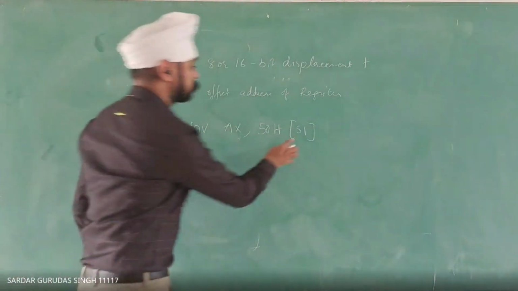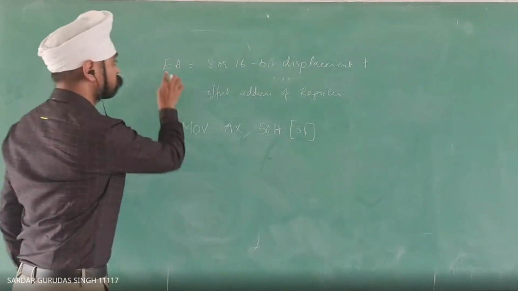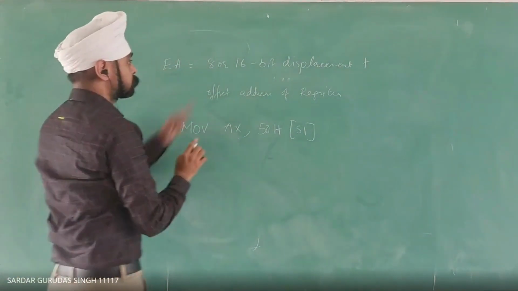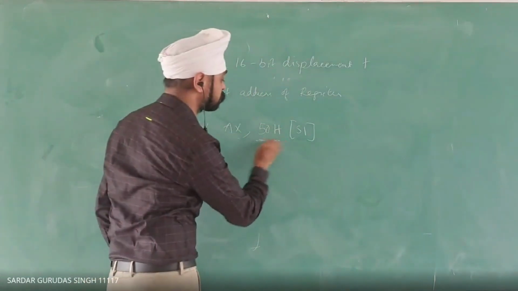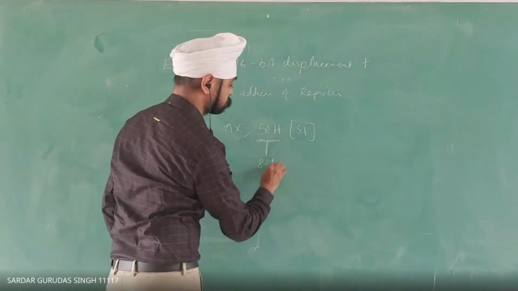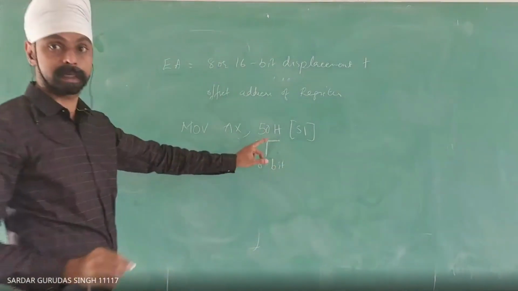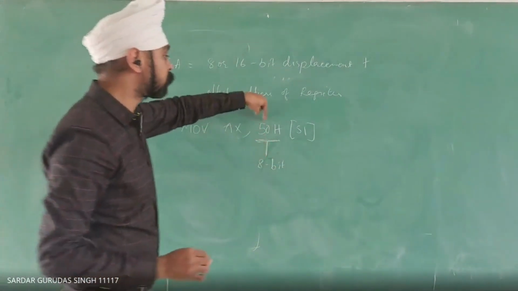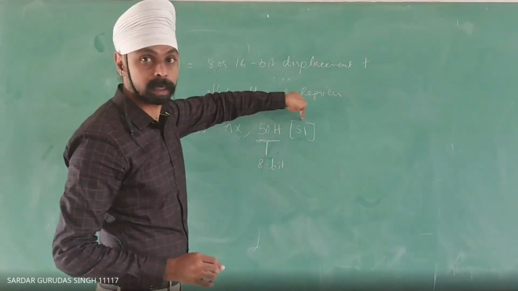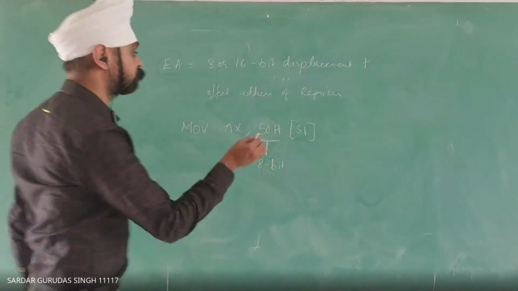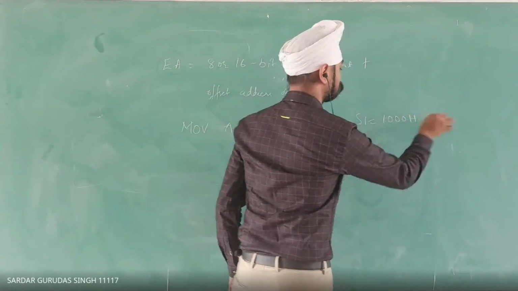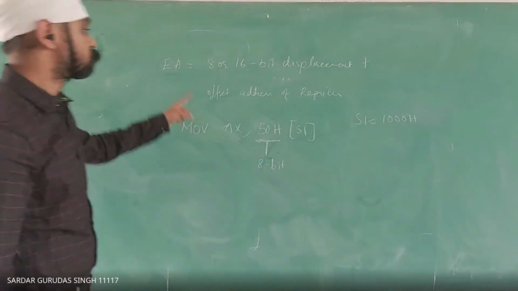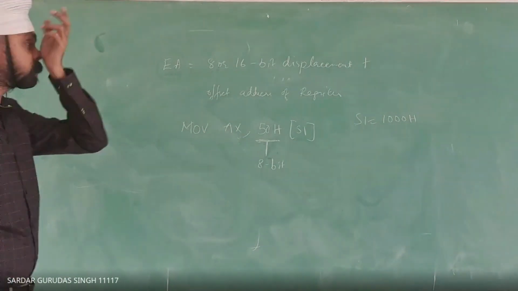So here, how are you calculating the effective address? 8-bit or 16-bit displacement. Here, how many bit displacement is it? It is an 8-bit displacement. These should be added with what? SI content. For instance, if SI content is 1000H, so what will be the effective address?